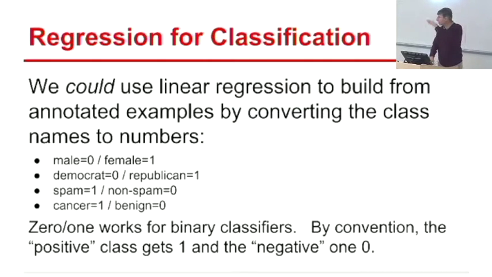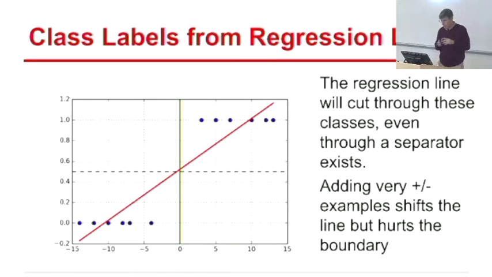We train it so that it tries to predict that number as well as possible. That would be an argument that we could use linear regression for building classifiers. Does everybody kind of get that idea? Any questions about that?